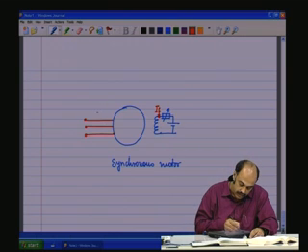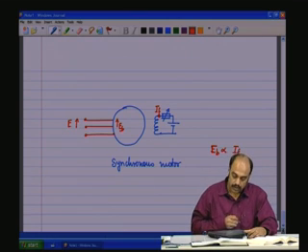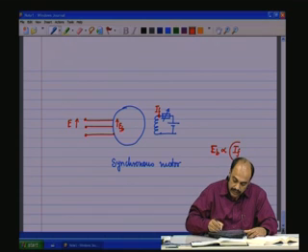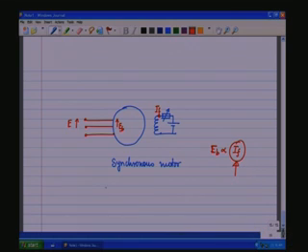So this would be E, and the back EMF would be EB. Now EB is proportional to IF.